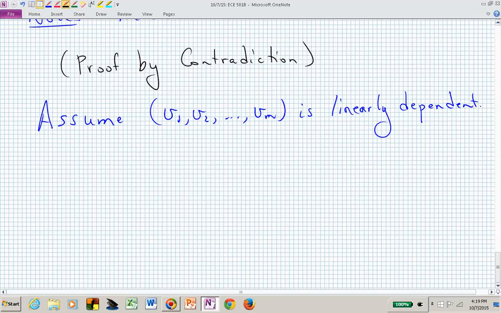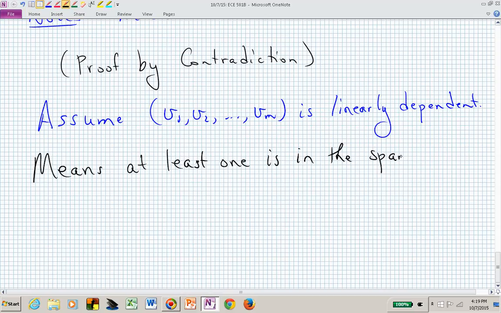Or another way of saying that is one of those vectors is in the span of all of the others. Is that okay? So that's what I am going to say. Let's say that that statement, that this list of vectors is linearly dependent, means at least one of those vectors is in the span of the others.